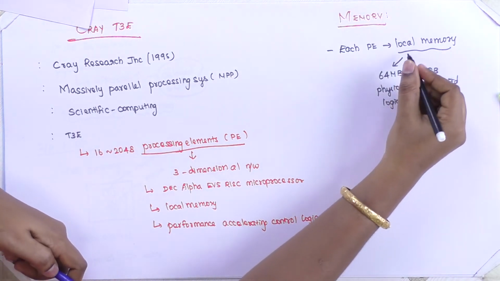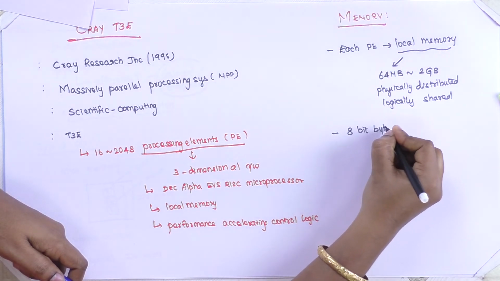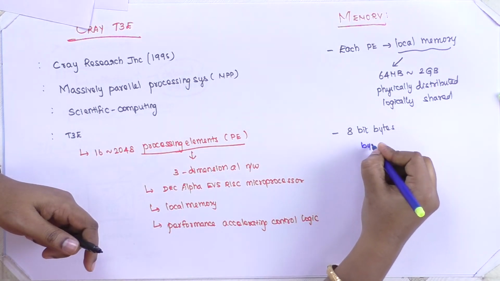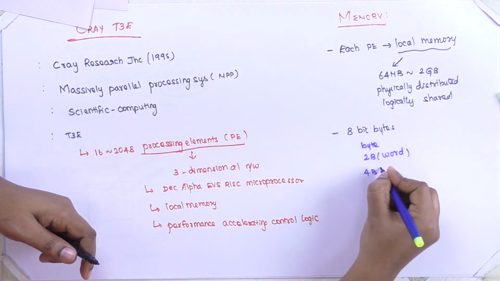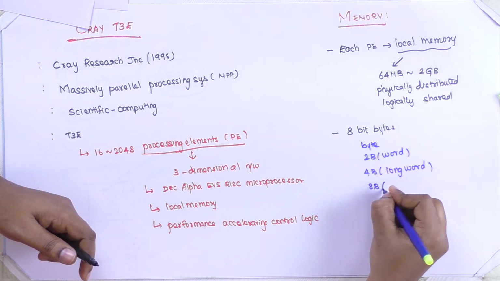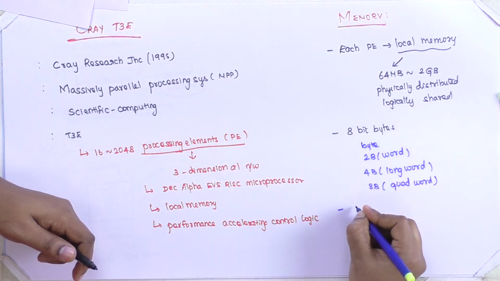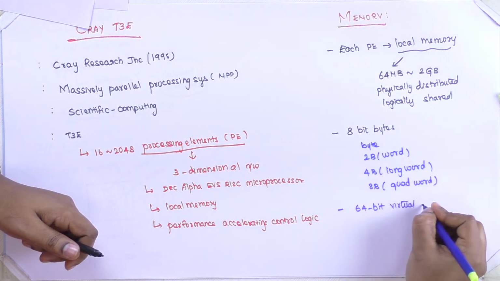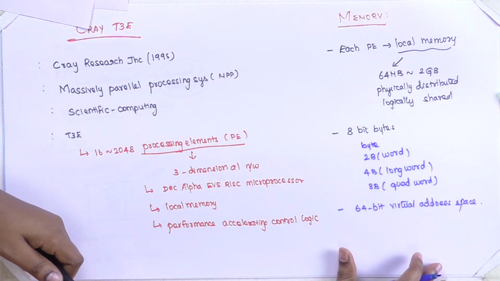The memory within each processing element consists of 8-bit bytes, so all are byte addressable. 2 consecutive bytes form a word, 4 consecutive bytes form a long word, and 8 consecutive bytes form a quad word. We also have a 64-bit virtual address space. So that's all about the memory.